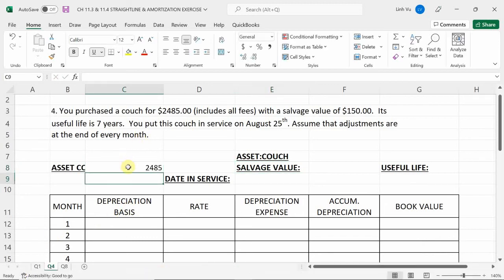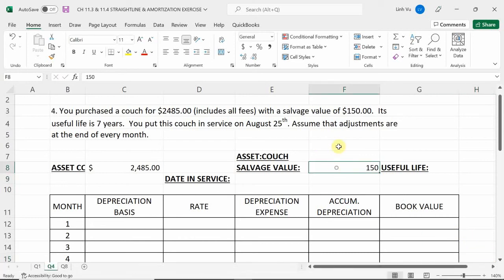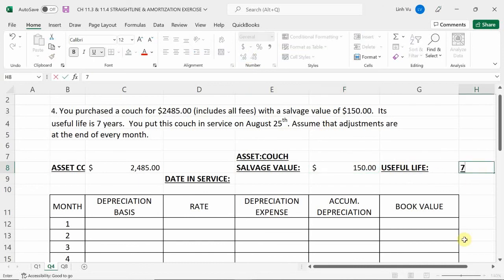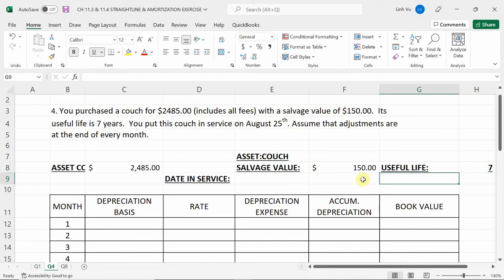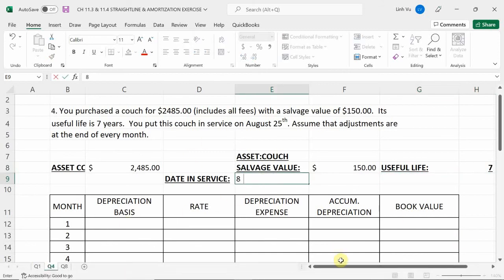What's my salvage value? $150. Okay. What's my estimated useful life? 7 years. And when did I place this couch into service? August 25th. Okay.